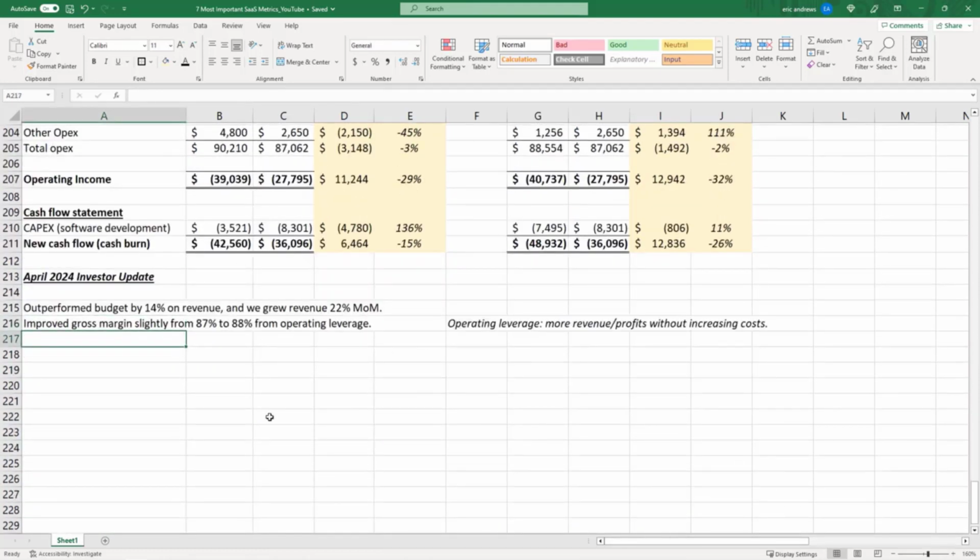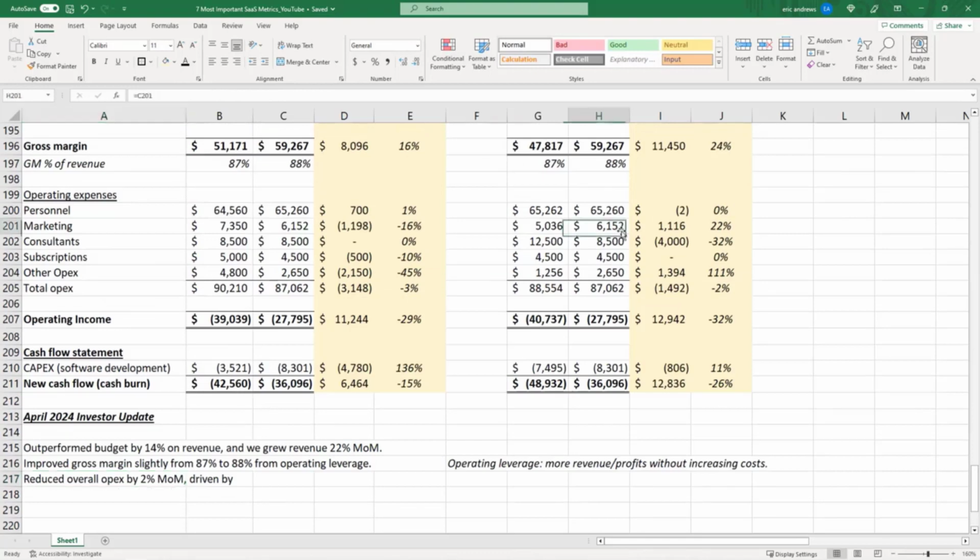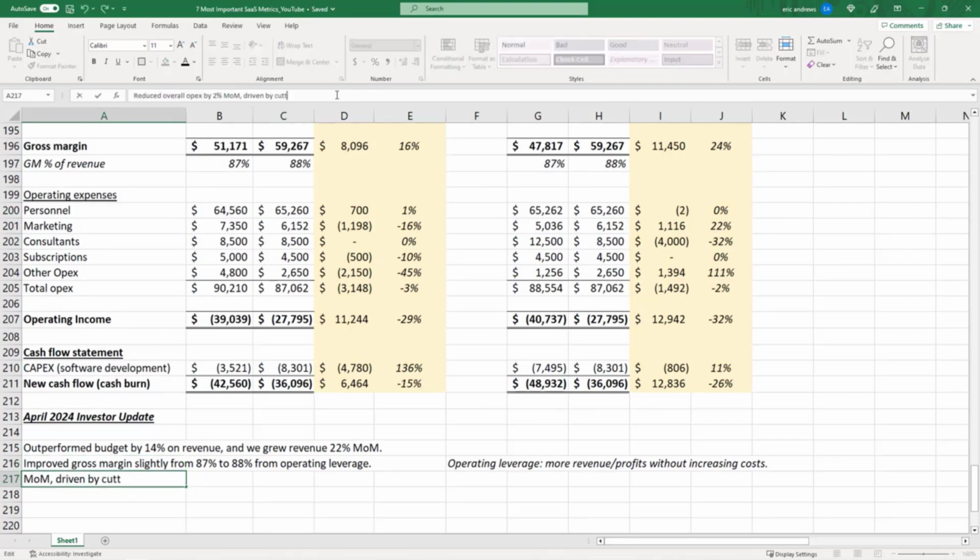Okay, what else? You have reduced overall OPEX by 2%. You can see here, month over month, driven mostly by this. So that's consultants, driven by cutting redundant consultants.